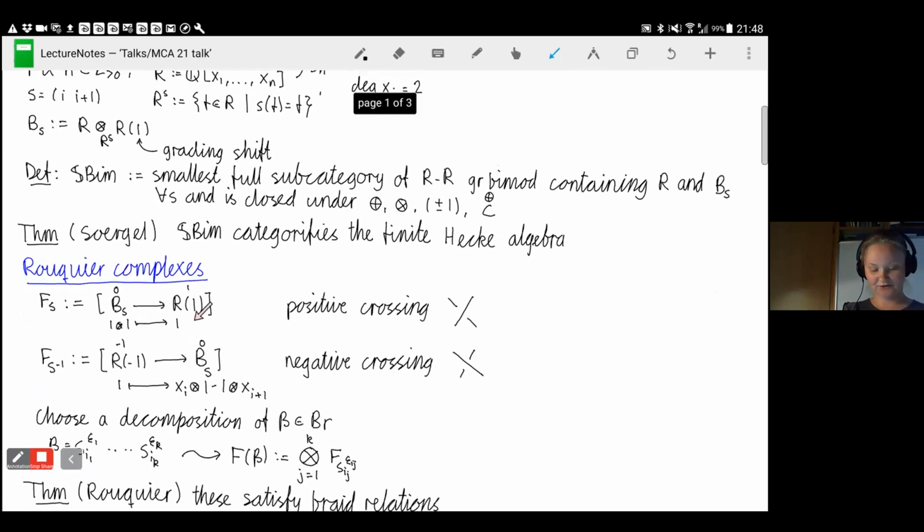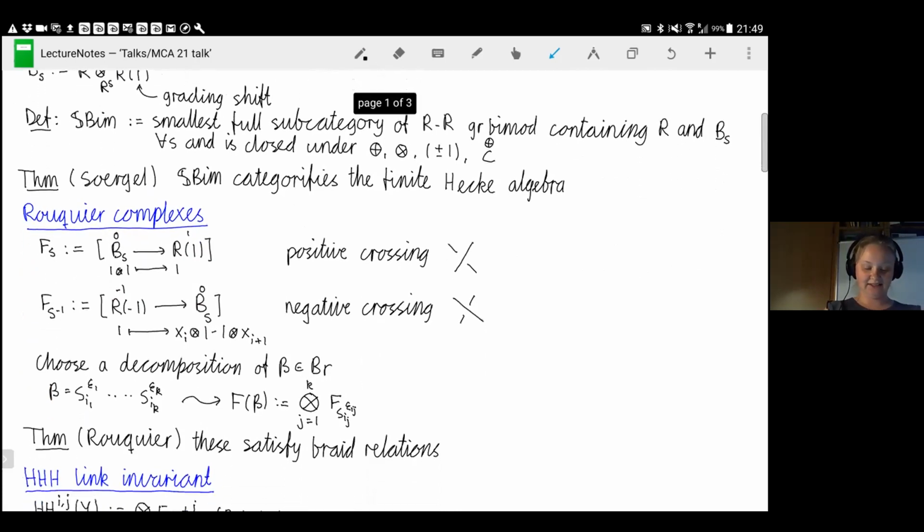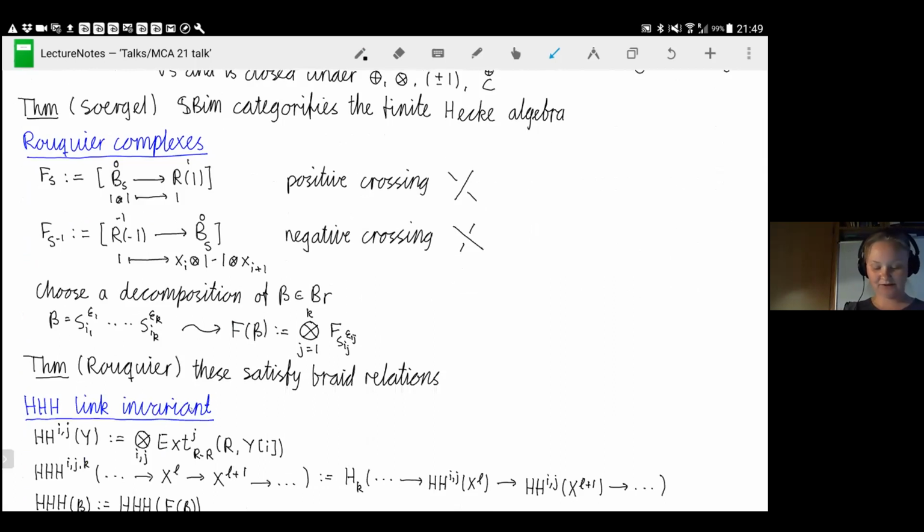I have this two-term complex whenever I have a positive crossing, and I use this other two-term complex when I have a negative crossing. If I take a braid, I fix some decomposition of it, and then I tensor all of the corresponding complexes together to get a giant complex. By a theorem of Rouquier, these satisfy the braid relations.